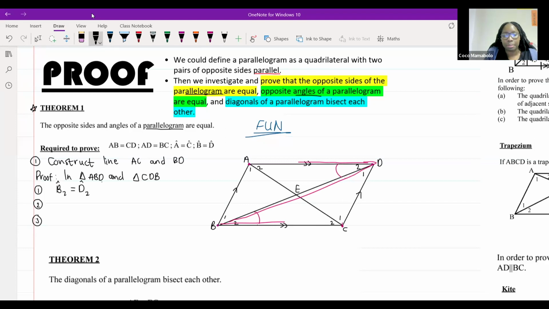What's our reason, peeps? Alternate angles. Good, alternate angles. And what else do we still have to provide? Parallel lines. Good, AD is parallel to BC. Good, can't forget that. Good, that's 1 N.